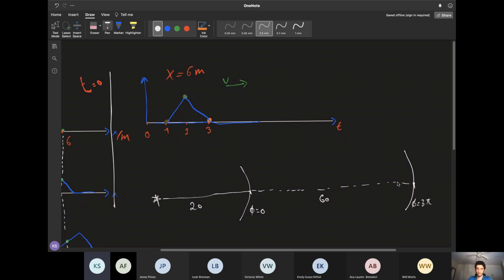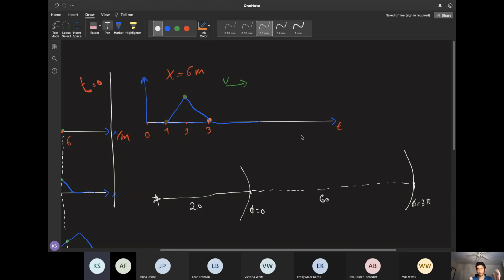How many waves are between those 2 points? Is it just half a wave between them? Is it 2 full waves between them? Is it 1 wave? How can we find that? You can find that using the phase.